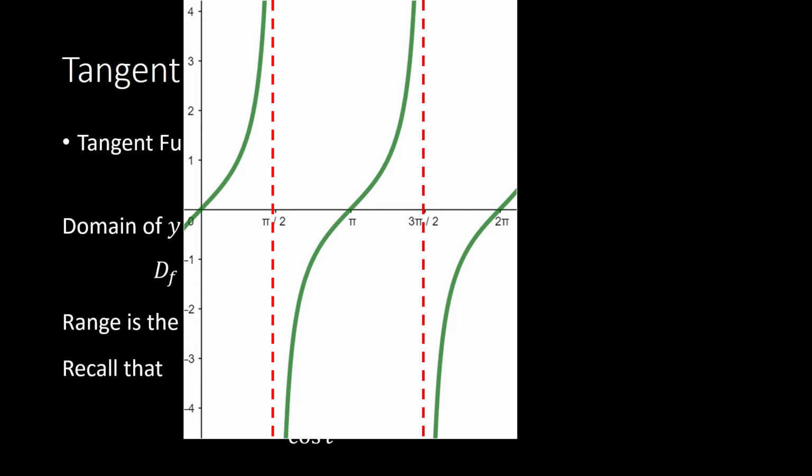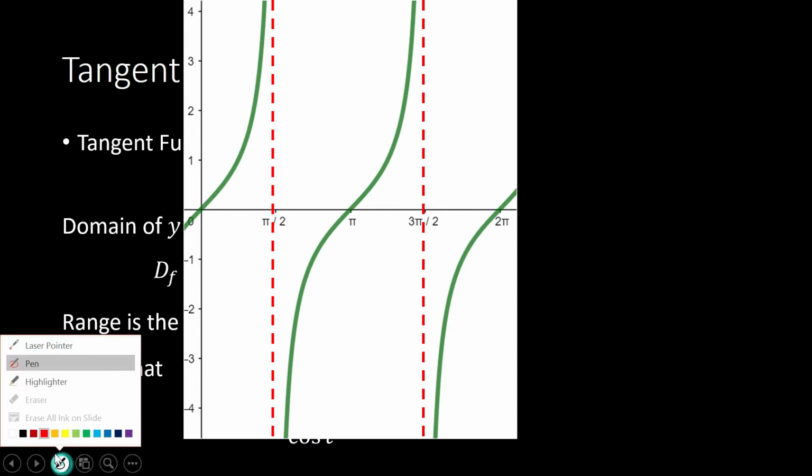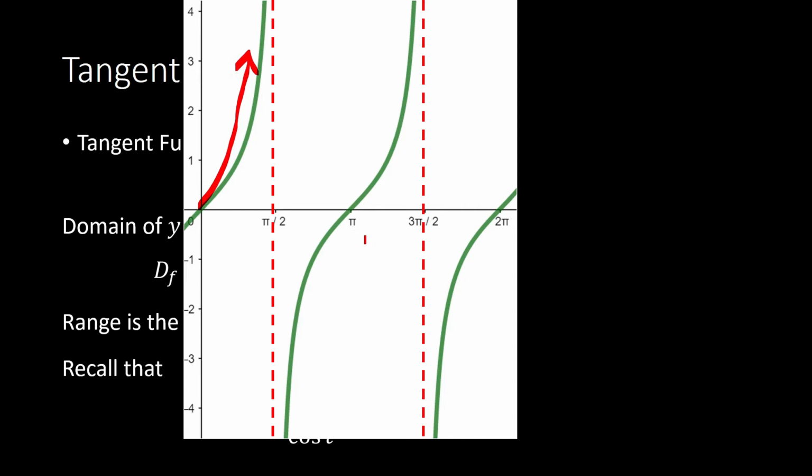You know what happens when a function approaches its vertical asymptotes? It can either go to infinity or negative infinity. And so that's the reason why the range of your function is the set of real numbers.